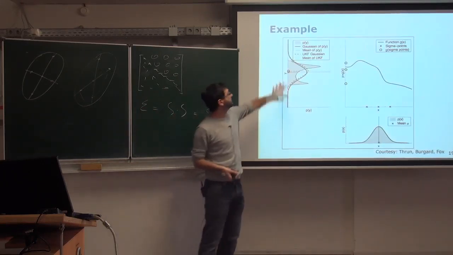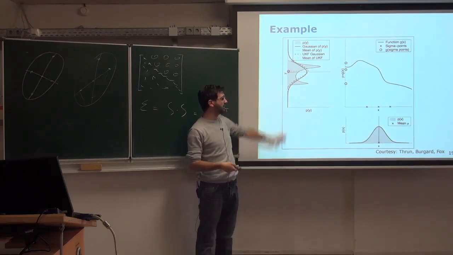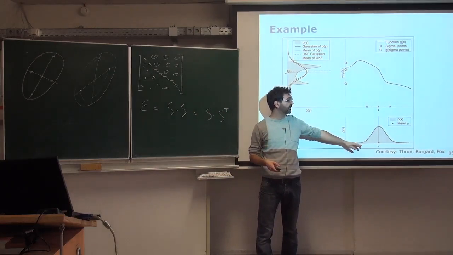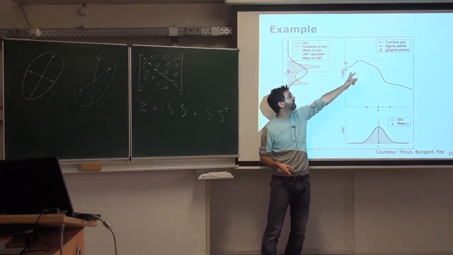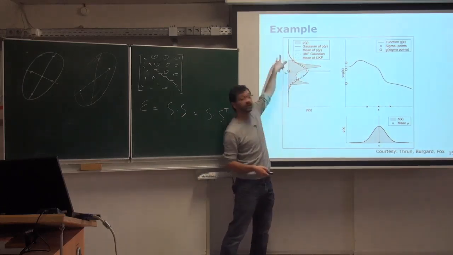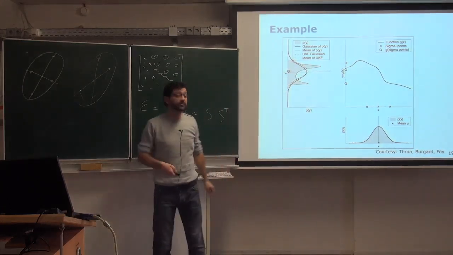If you remember this plot from last week, where we were analyzing how a normal, Gaussian random variable behaves when transformed through nonlinear functions, you see that there is this strange behavior of the distribution.